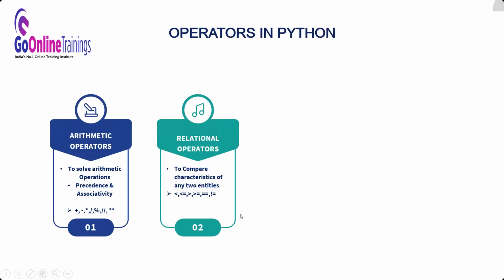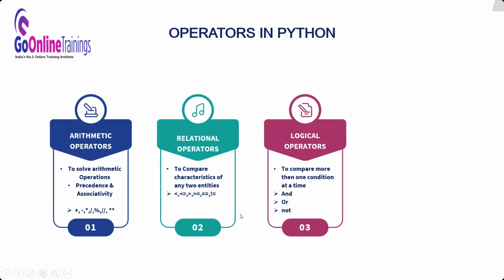Okay. Next are the logical operators. I think we have seen them in truth tables in mathematics. To compare more than one condition at a time, we go with logical operators.